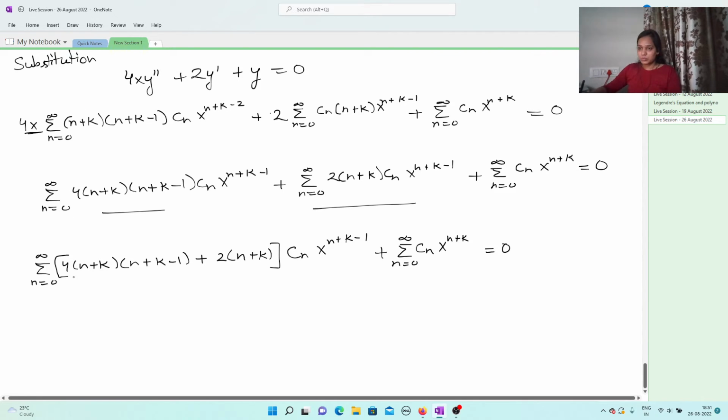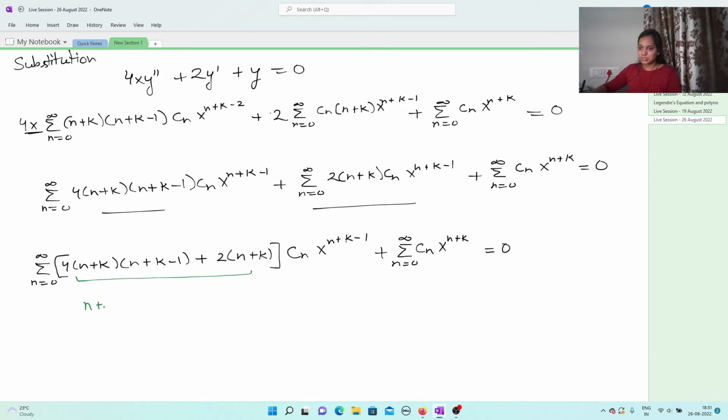Okay, now let's simplify this. We can take n plus k as common, right? And what will this be now? 4(n+k) minus 1, so minus 1 plus 2.